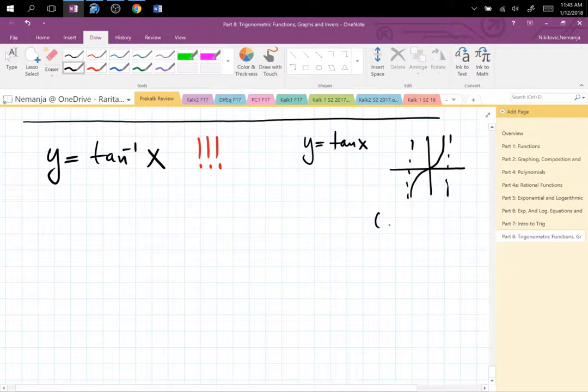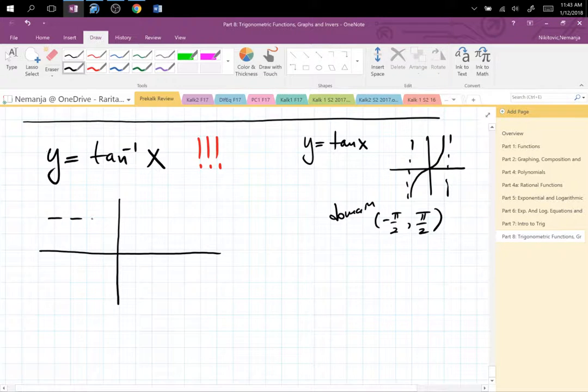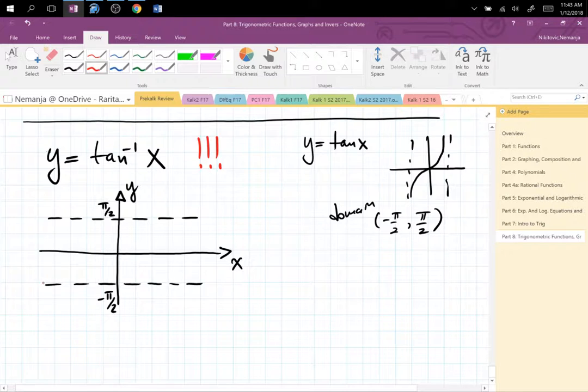So we are on a domain negative pi over 2 to pi over 2, right, which means that for our inverse, those two domains will be our x and y asymptotes now, and the inverse tangent graph will go sideways through these.